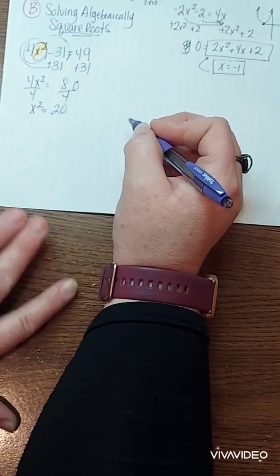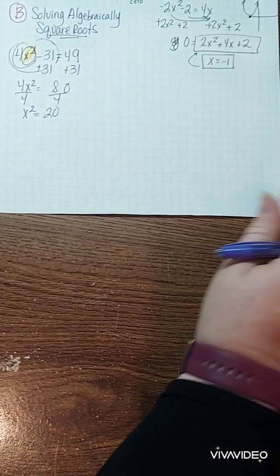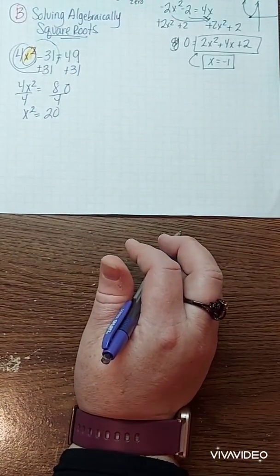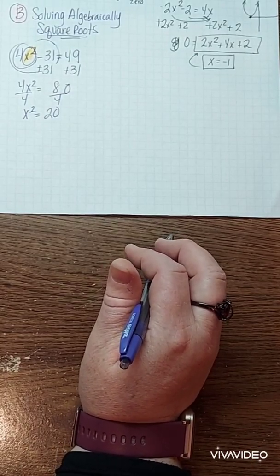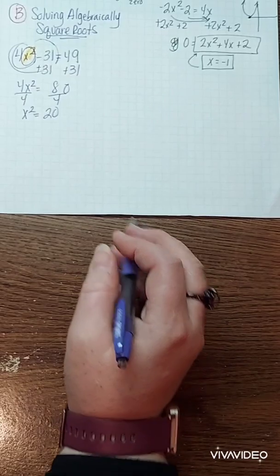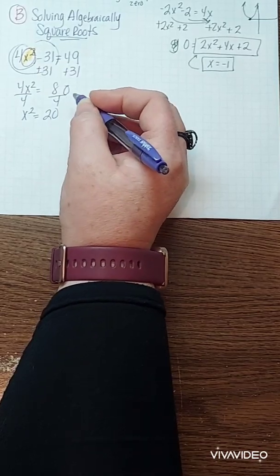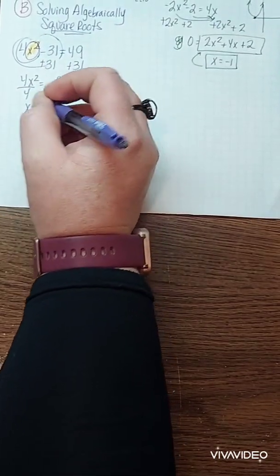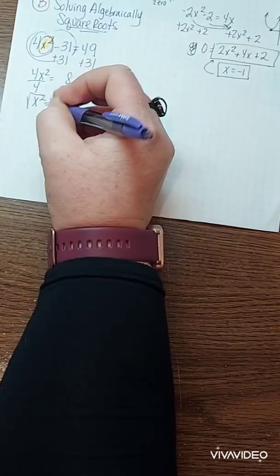And I guess part of what we're going to do with square roots is I'm going to have you go ahead and give me the actual square root for that. Sometimes we leave them as the square root of 20, but we're not going to worry about breaking them down. So square root each side, okay?